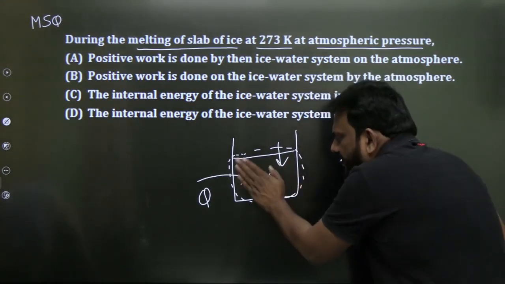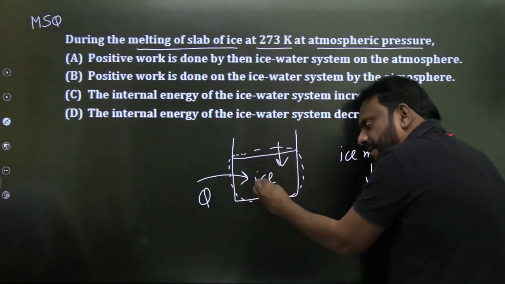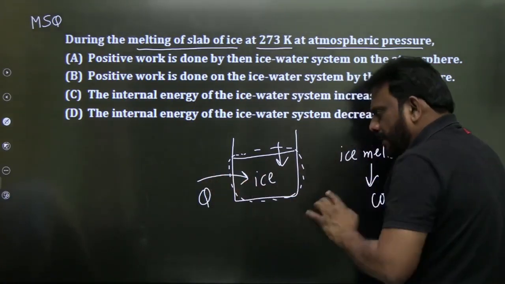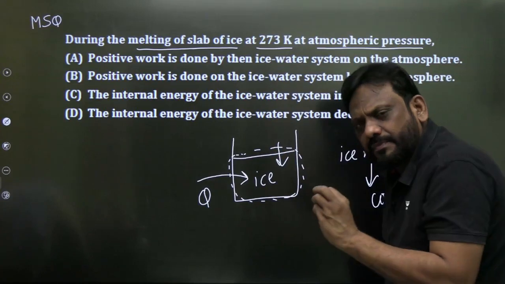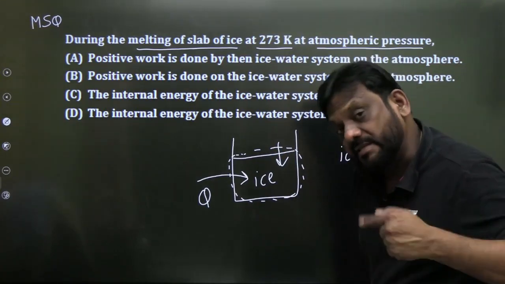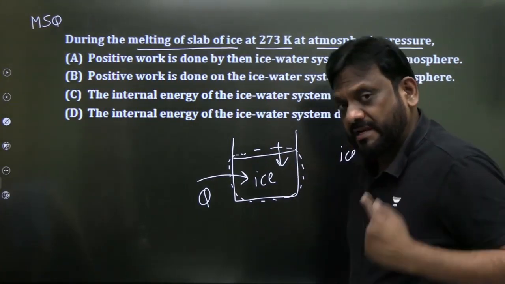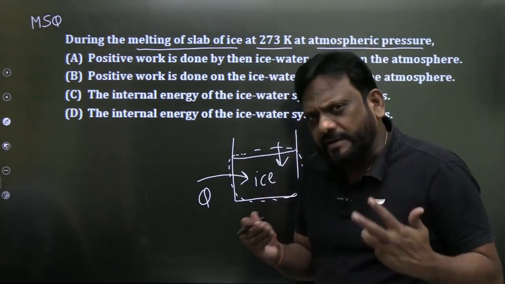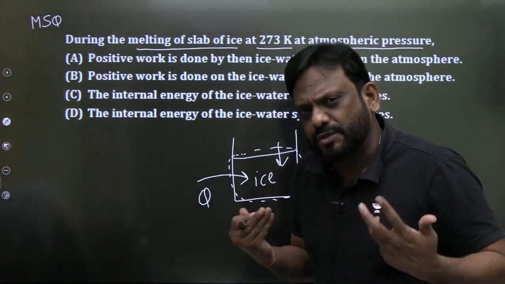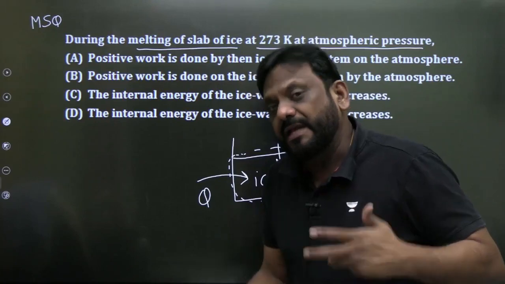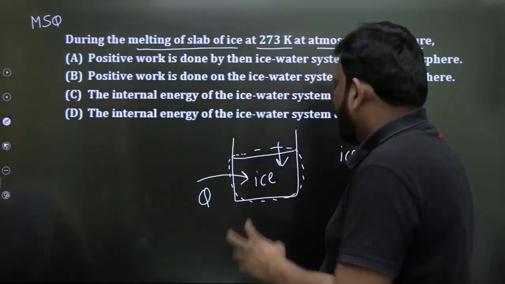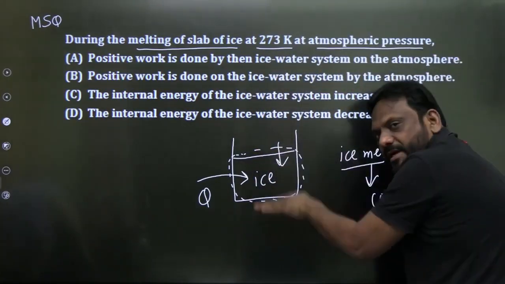So if I take this as a system, heat supply is positive, and when ice melts, the volume decreases. All these I had explained in my thermodynamics class, why it contracts: because of the cage-like structure, hydrogen bonding. All these I had explained in my regular classes. So when ice melts, it contracts, the volume decreases.